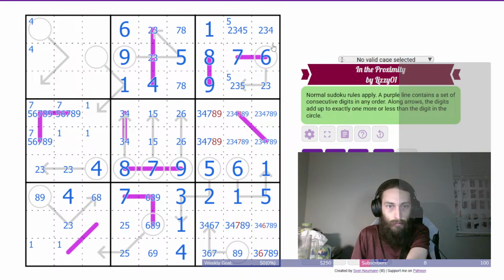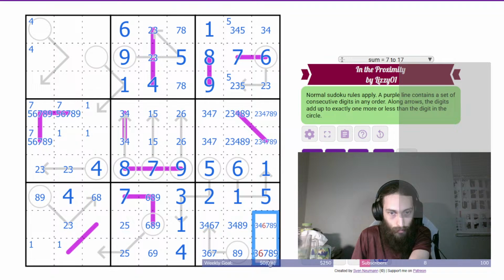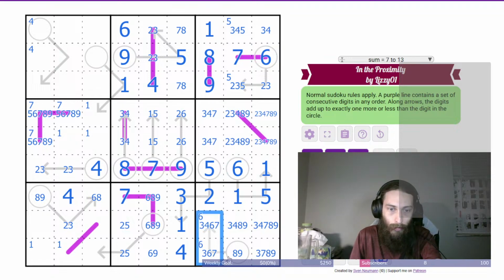So 2 comes out above. It has to have a 2 in it. 2 and 3 or 5 and 2. These aren't 7s. Not a 7 and those aren't 6. 6 ends up on here.